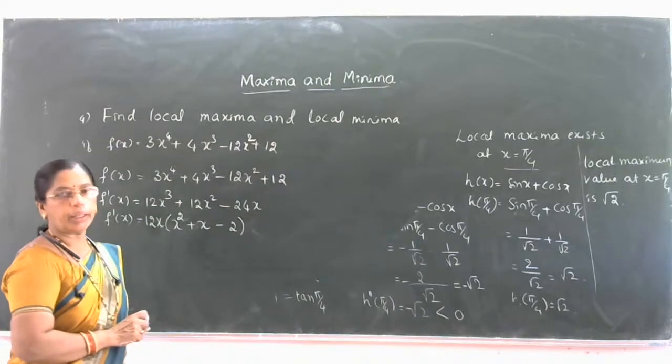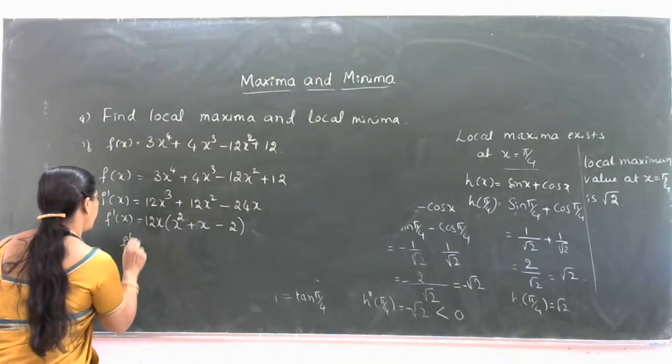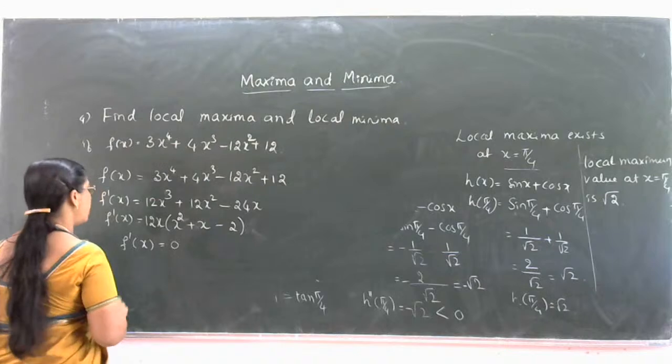Then we equate f dash x with 0. f dash x equal to 0.